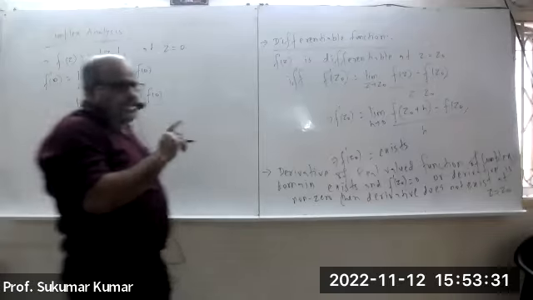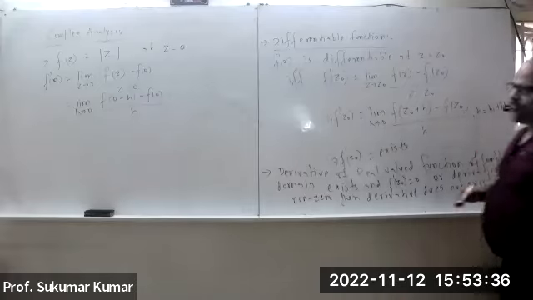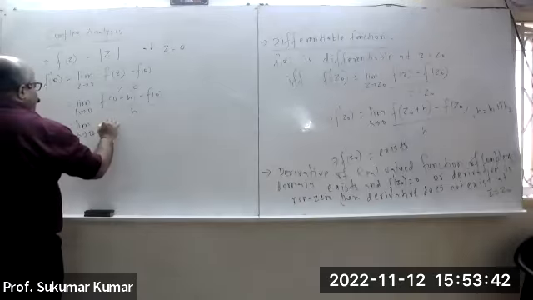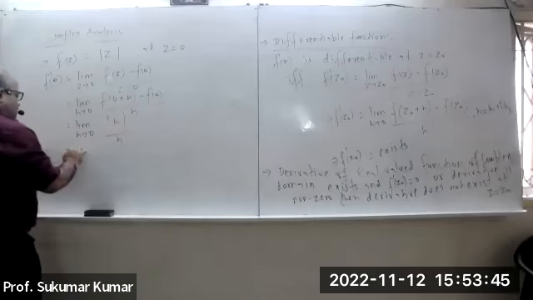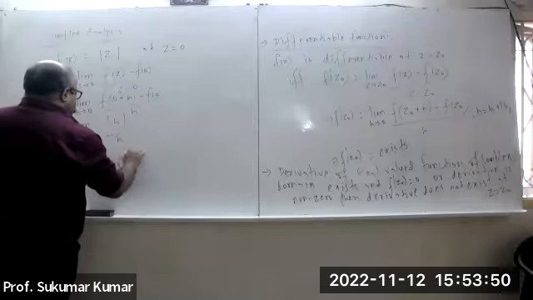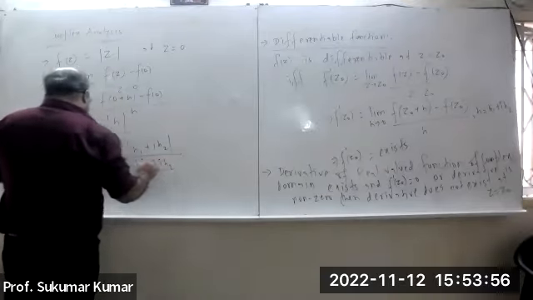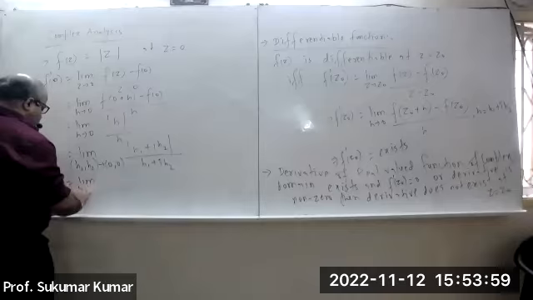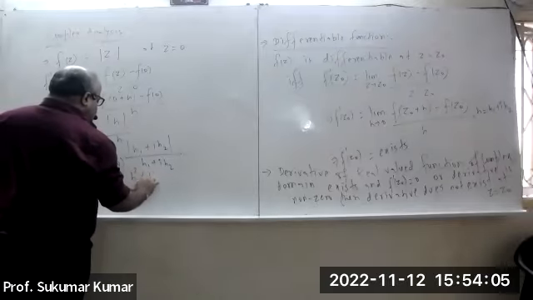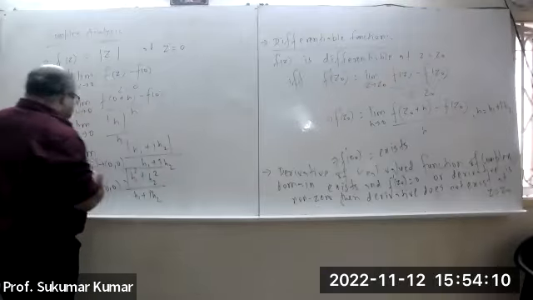Here h is also complex, that is, h equals h1 plus i h2. So the limit as h tends to 0 of f of h is mod h by h, which is the square root of h1 square plus h2 square over h1 plus i h2, as in functions of several variables.